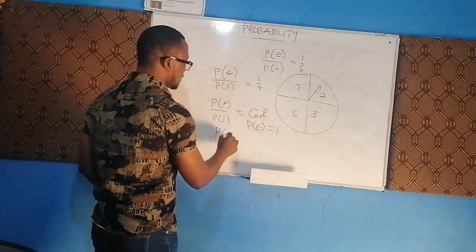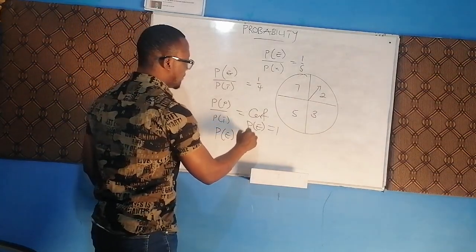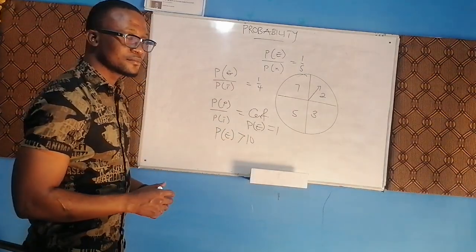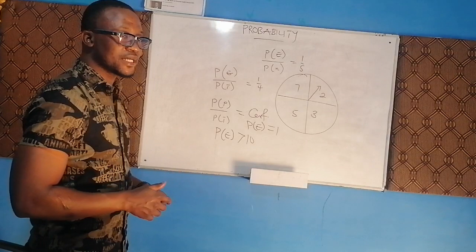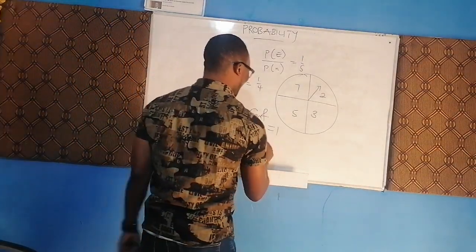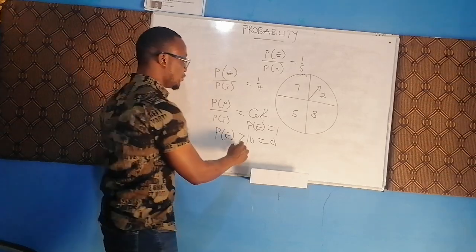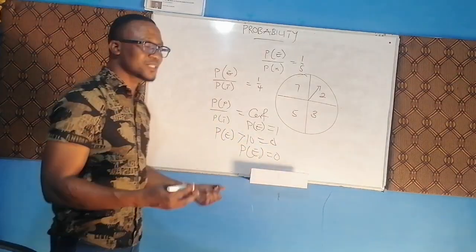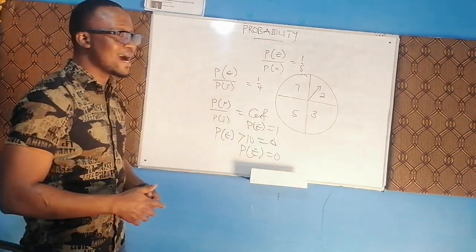What about the probability of you getting a number greater than 10? That is impossible. So in this case, you say the probability P(E) is equal to 0, because it can't happen.